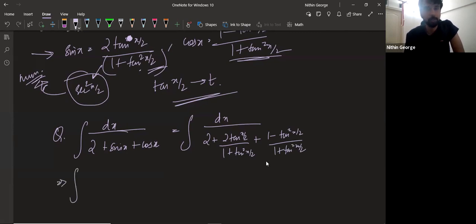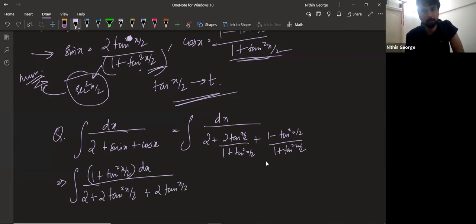So here you get the numerator as 1 plus tan square x by 2 dx divided by 2 plus 2 tan square x by 2 plus 2 tan x by 2 plus 1 minus tan square x by 2.